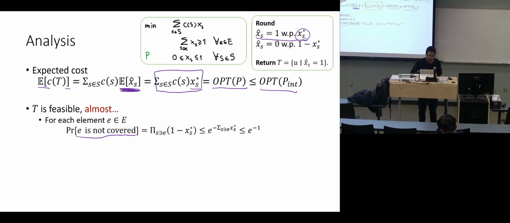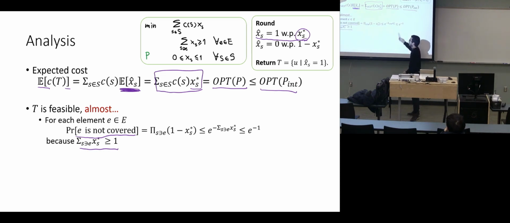You want this to be very small, but all you can say is that this sum is at least 1, just at least 1, so this is at most 1 over e. Why is the sum at least 1? It follows from your linear program, because X star is a linear program solution, so it must satisfy this constraint.